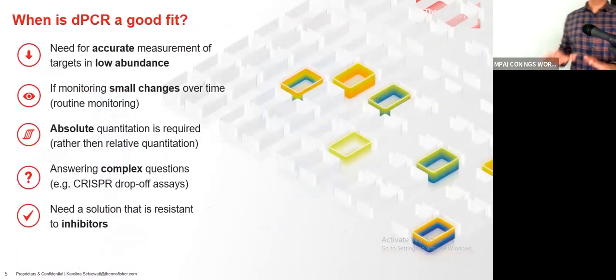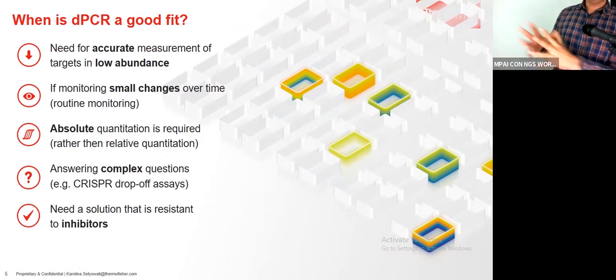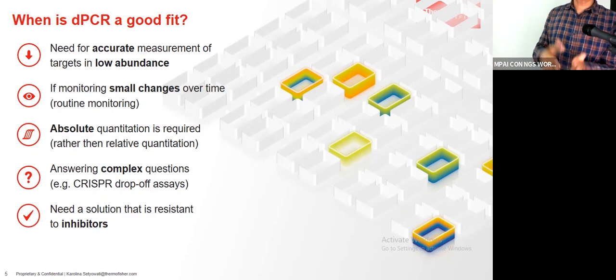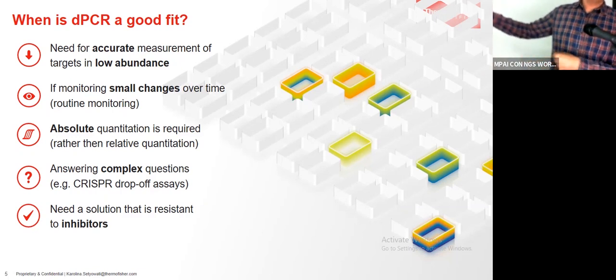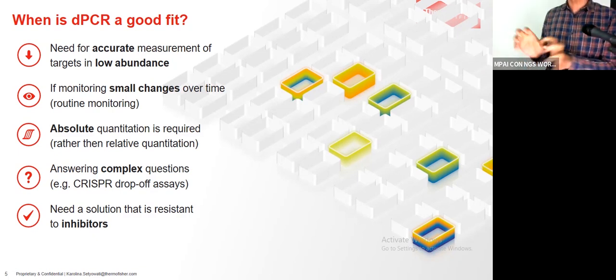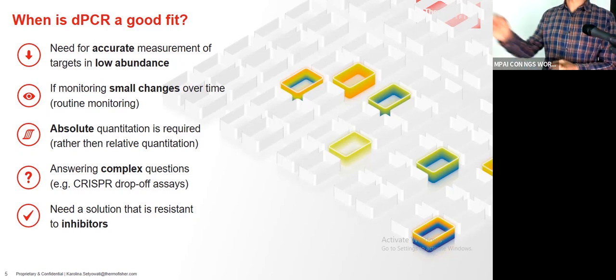When exactly should you use it? When you want accurate measurement of low-abundance targets, especially in oncology monitoring, where you want exact estimates of mutant molecules or molecules resistant to therapies. When you are monitoring small changes over time, for example in gene expression, or when you have low-copy transcripts not detectable by qPCR, you can go with digital PCR. When absolute quantitation is required, where the objective is to find the exact number of copies per microliter.